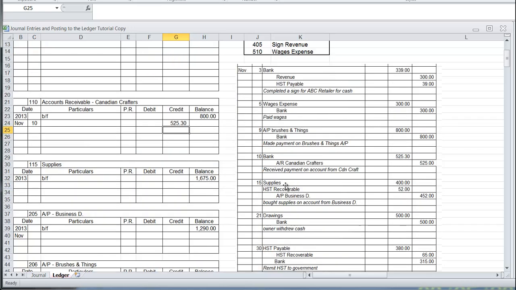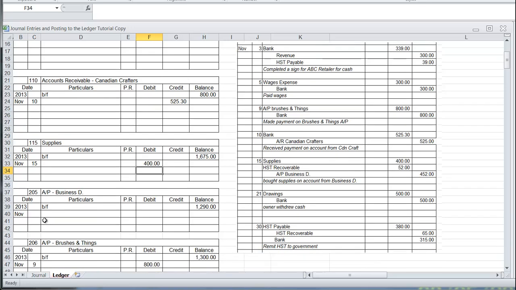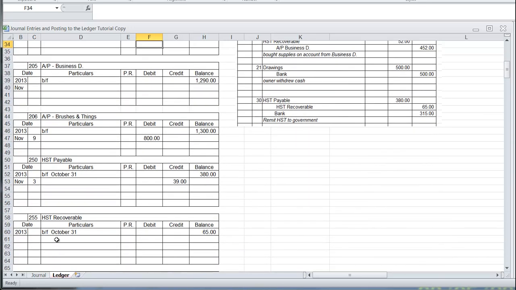The 15th is when we bought some supplies. So 15th here, and that was a $400 debit to supplies, so we would put $400 right here. HST recoverable, $52, so we need to scroll down to HST recoverable.